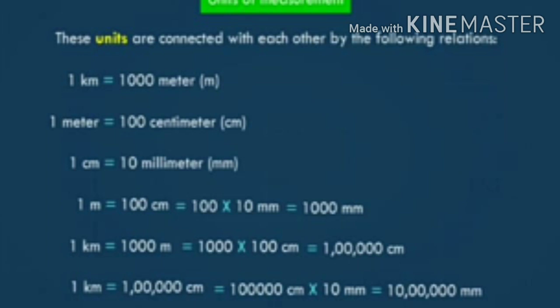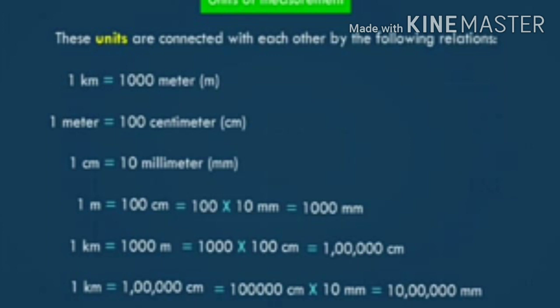Converting into centimeters, 1000 into 100 is 1 lakh centimeters. So 1 kilometer is 1 lakh centimeters. Converting into millimeters, 1 lakh into 10 is 10 lakh millimeters.